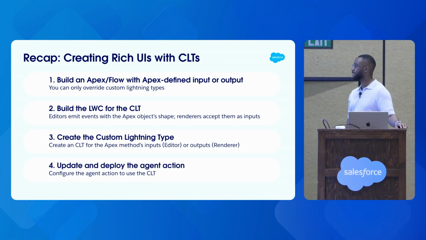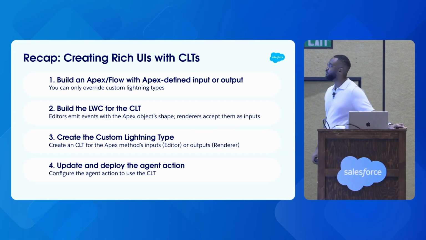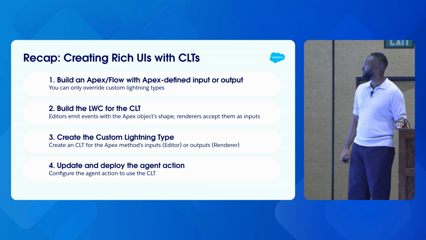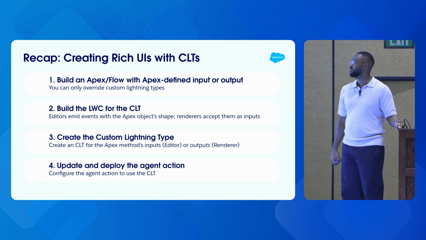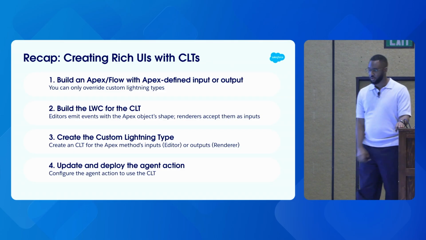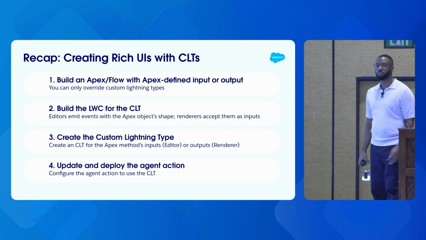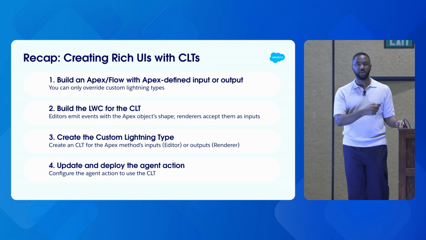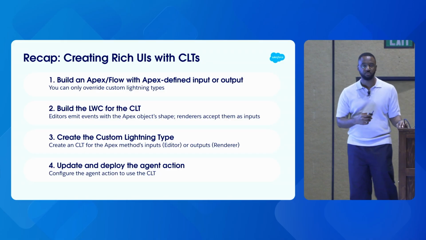Okay. So brief recap. Here's how you create rich UIs with custom Lightning types, okay? The first thing you want to do, build an Apex class with an Apex-defined input or output. It can be an Apex method, or it can be a flow.